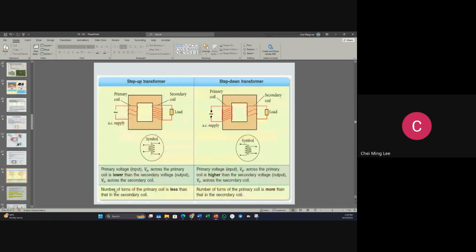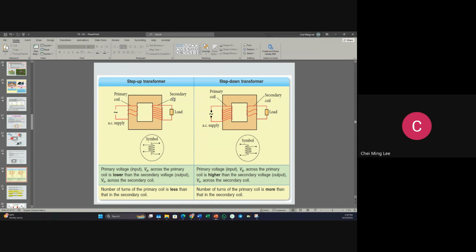All right, so this leads to step-up and step-down transformers. This is the step-up one. For a step-up transformer, you can see the secondary coil has more turns than the primary coil. So the primary voltage, the input across the primary coil, is lower than the secondary voltage across the secondary coil, because the number of turns of the primary coil is less than the secondary coil.